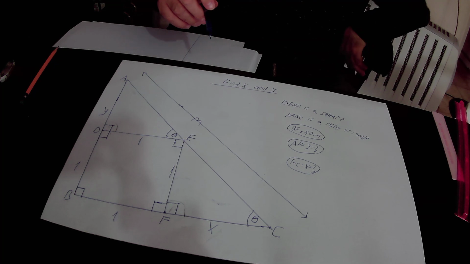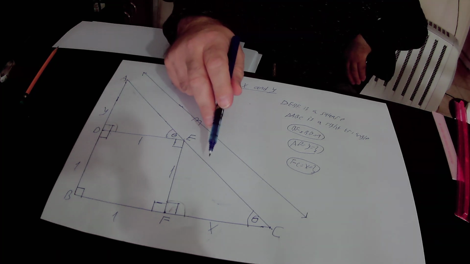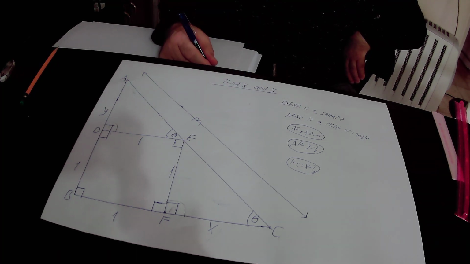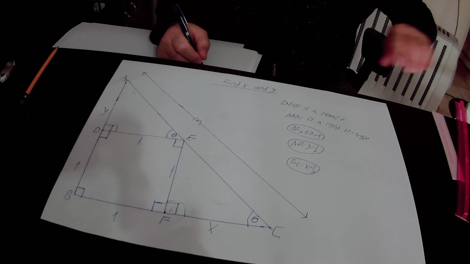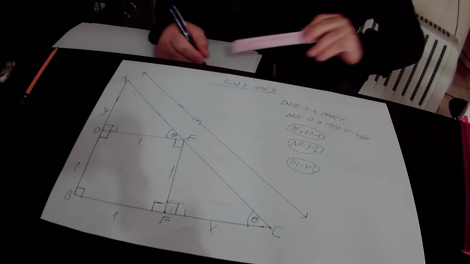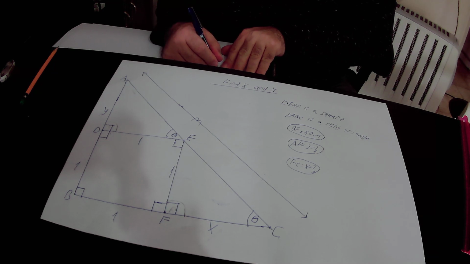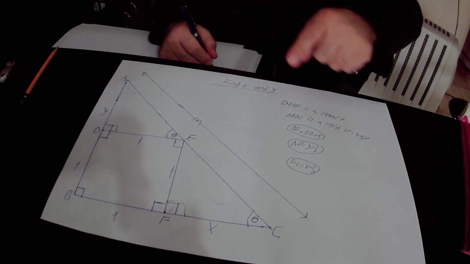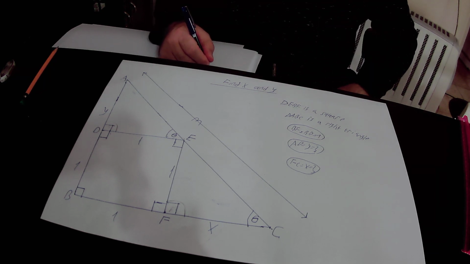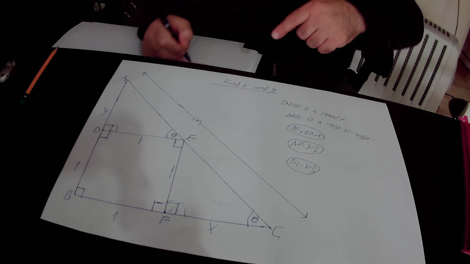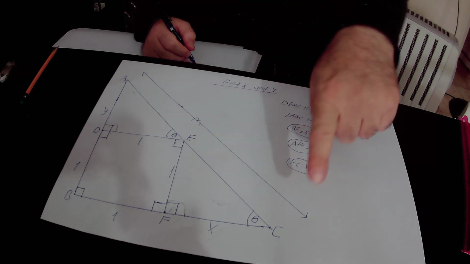In the next step, we will focus on the right triangle ECF. On the right triangle ECF, tangent theta will be equal to EF over FC.